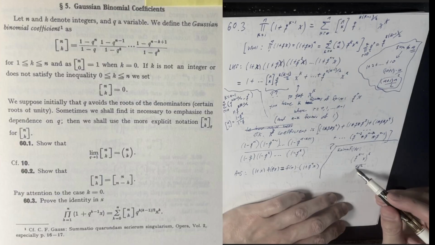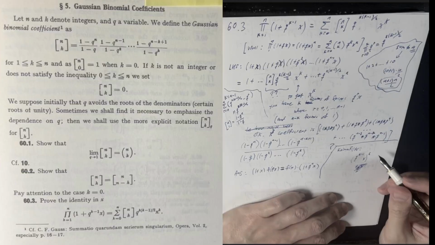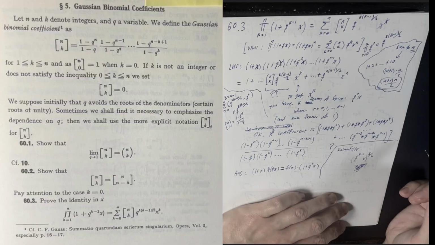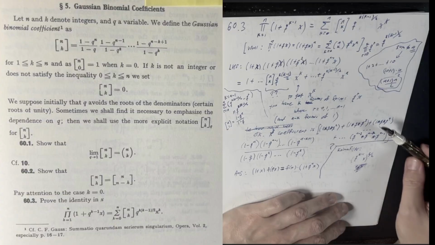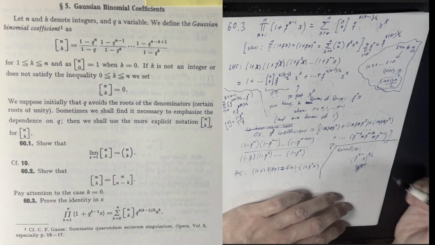Oh, I see. Do you mean over 2? No, it doesn't make sense either.